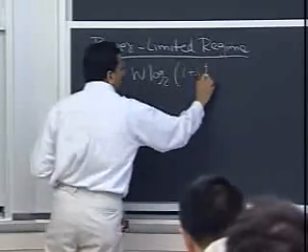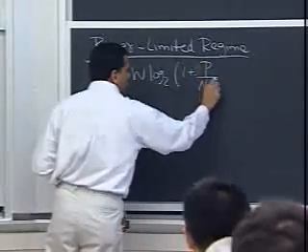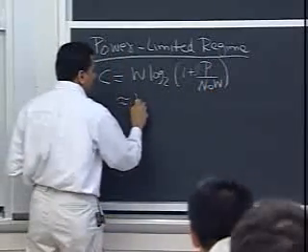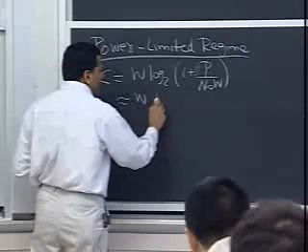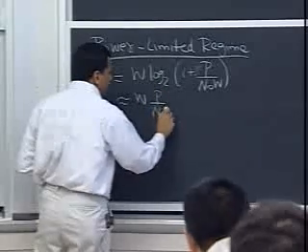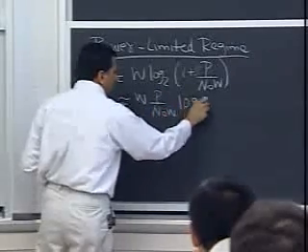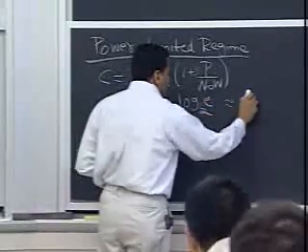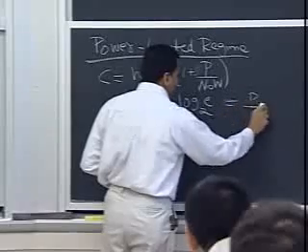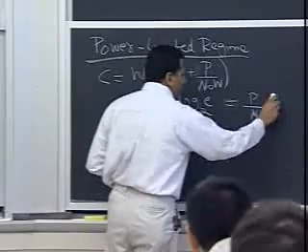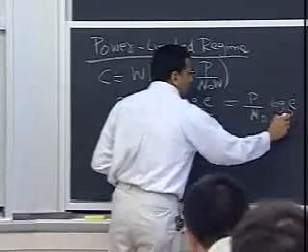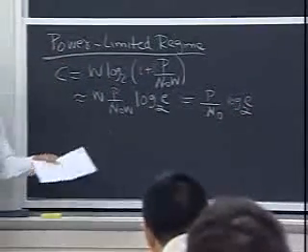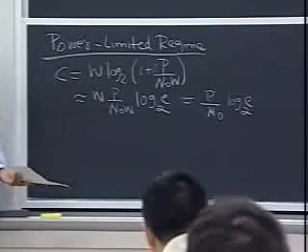Instead of SNR, I will write P over N naught W. So this is approximately W times P over N naught W times log e to the base 2. And this is basically P over N naught times log e to the base 2. So in other words, in the power limited regime, changing bandwidth has no effect on the capacity.